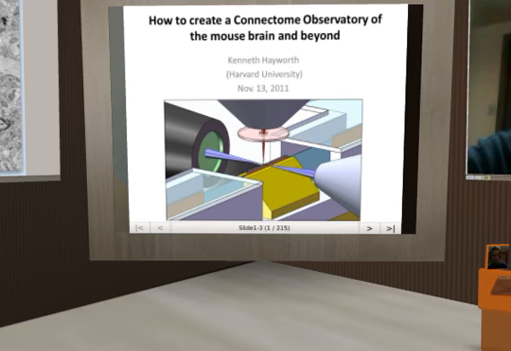The dehydration and the plastic embedding steps, I really don't have any good information on whether that could work for such a large scale.